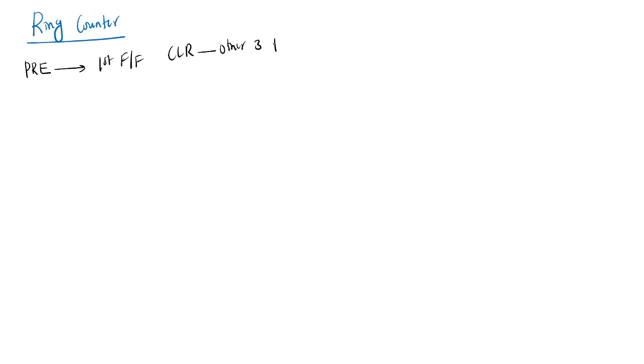So the first flip flop is set to 1, and the other three flip flops are cleared to 0. Let us take the flip flop outputs as Q0, Q1, Q2 and Q3. What is the initial state? 1, 0, 0, 0.